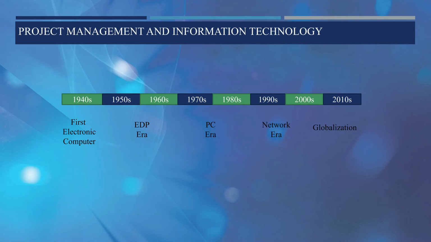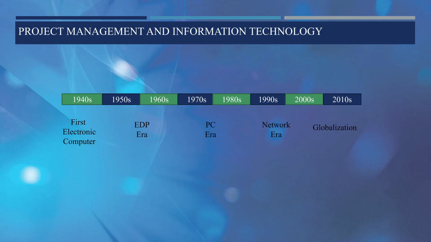So when we talk about project management, of course, in the 1940s, the first electronic computer, we worked into electronic data processing, into what was called the client, where all the processing was done on the PC. That's where we started putting computers on desks instead of computers in large rooms. So EDP was mainframe with dumb terminals. PC was smart clients, some of which connected to servers.